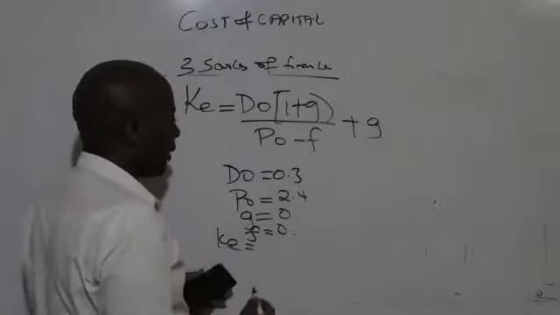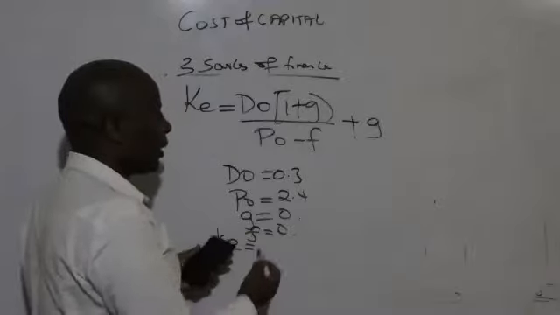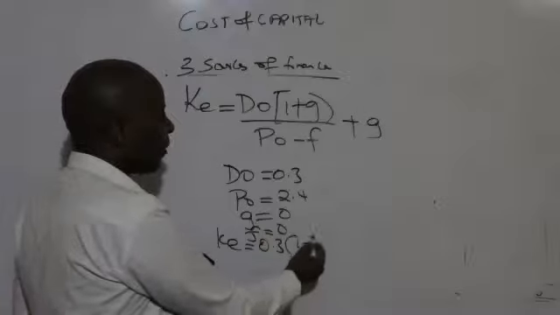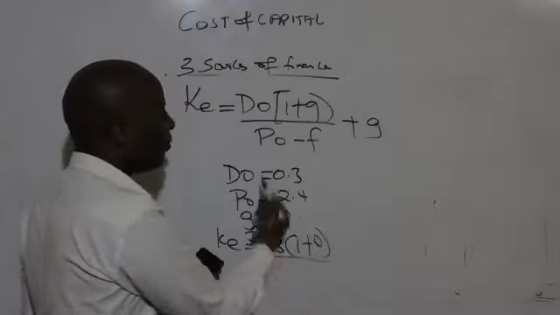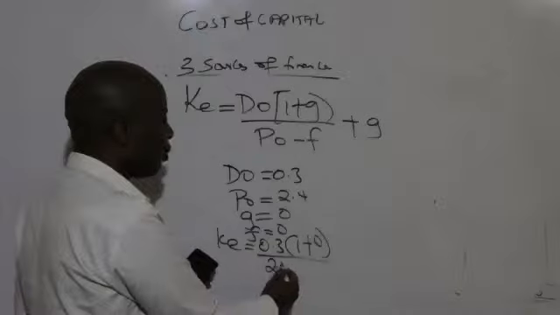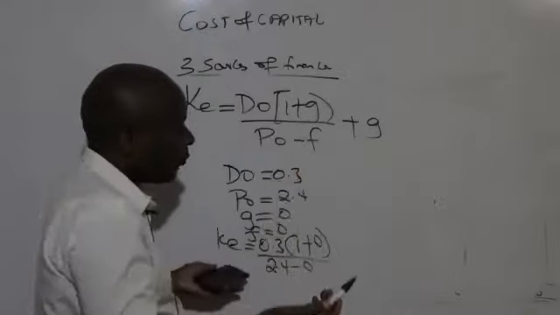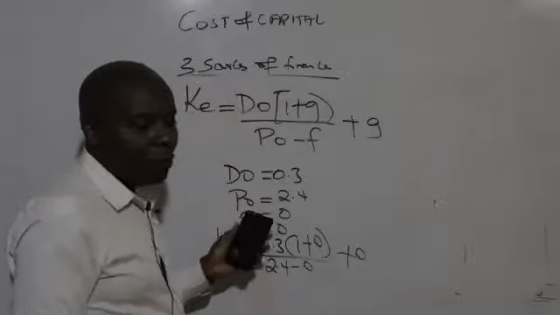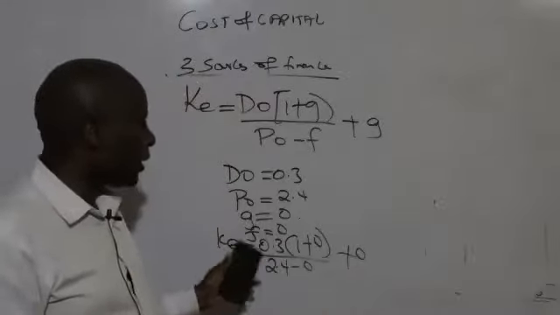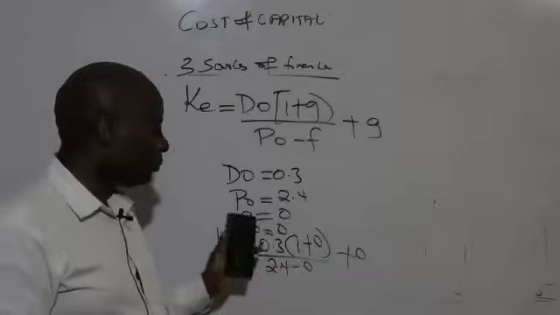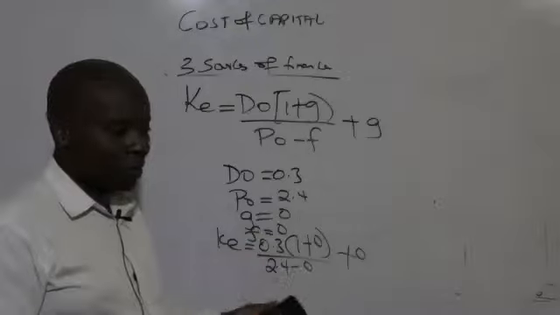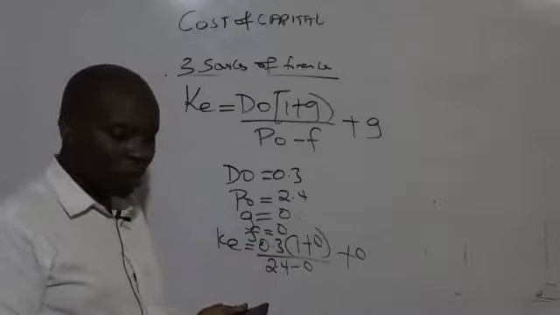The cost of equity will be equal to D0, which is 0.3, into 1 plus g, which is 0, all over P0, which happens to be 2.4, minus nothing for flotation, plus the growth rate, which is 0. So here you have to move slowly: get the numerator, the denominator, divide, whatever you get plus 0 will be the cost of equity.